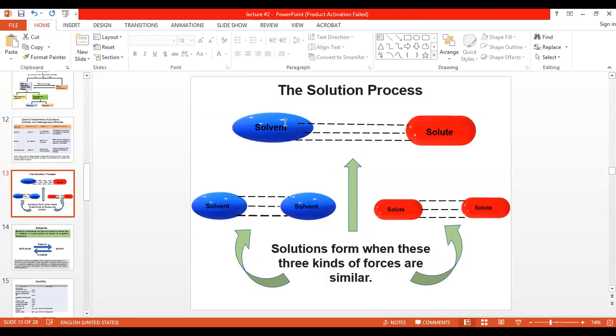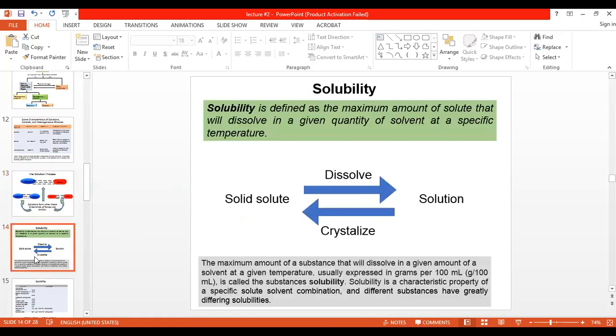So what is the solvent? It's water. Water is a solvent, and there are many things dissolved in it. So you have solvent, you have solute, and there should be some interaction between solvent and solute to make the solution, right? They should like each other and so on.